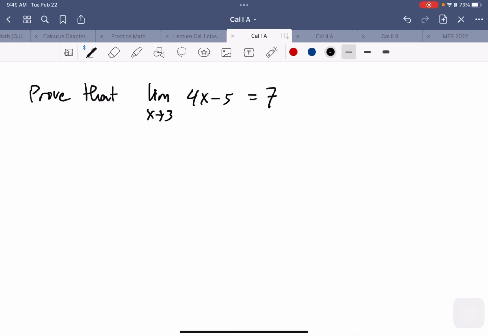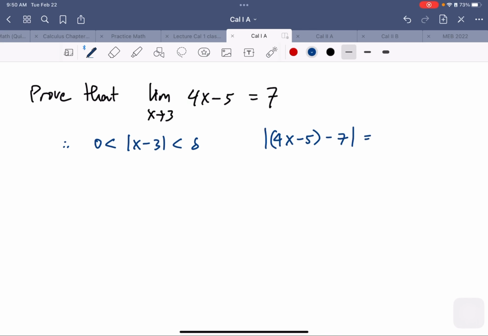So the first thing we need to do is write the statement. The distance for x is delta, and the distance within the function is epsilon. Then consider that if you have these conditions, we can write this as 4x minus 12, right?